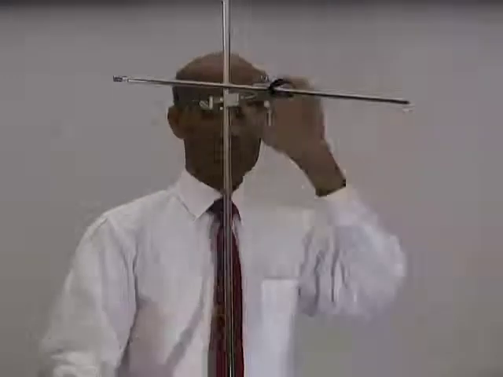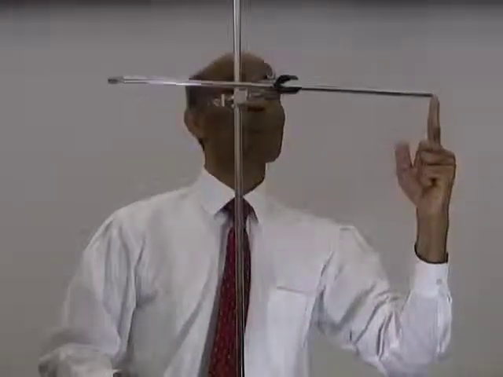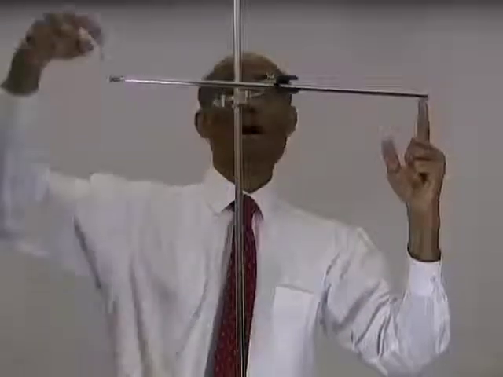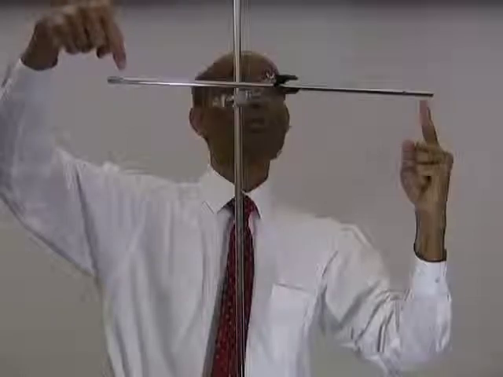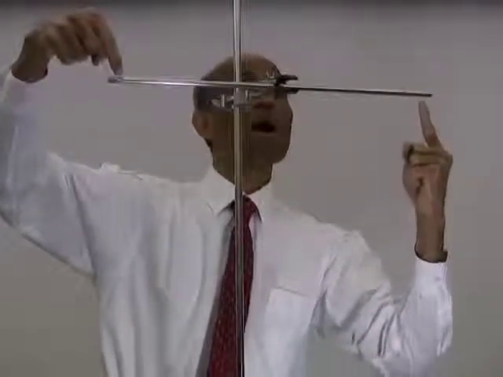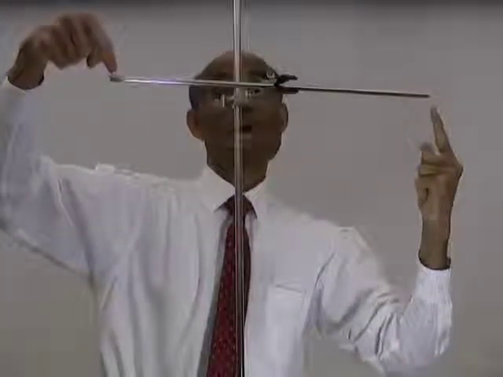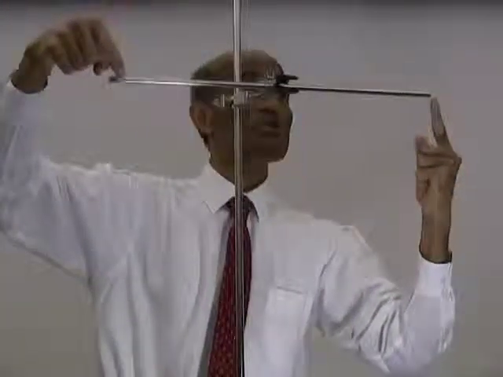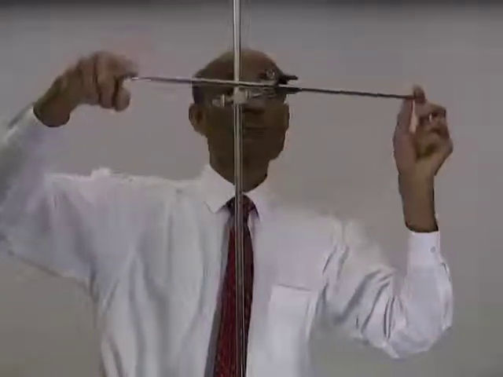Well, on my left will look like your right. So I'm going to apply a force upward here and downward at the other end. I'm going to apply equal forces, one upward and the other downward. Well, the sum of the forces is 0, but is this in equilibrium?